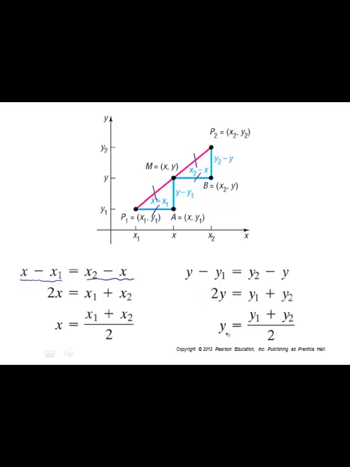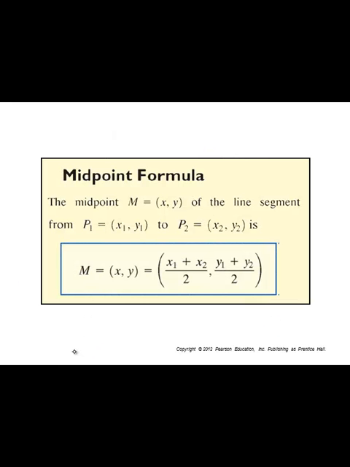The y coordinate of the midpoint is going to be the average of the y coordinates of P1 and P2. So indeed, the coordinates of your midpoint consist of the average of the x coordinates and the average of the y coordinates for the 2 points.